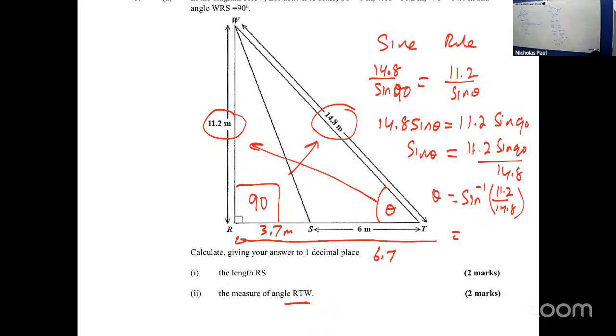Right? I got around, without rounding off, 49.2 degrees. That's how most people got that, right? But close, it depends on whether you round off or not. Right, very good. Not bad.